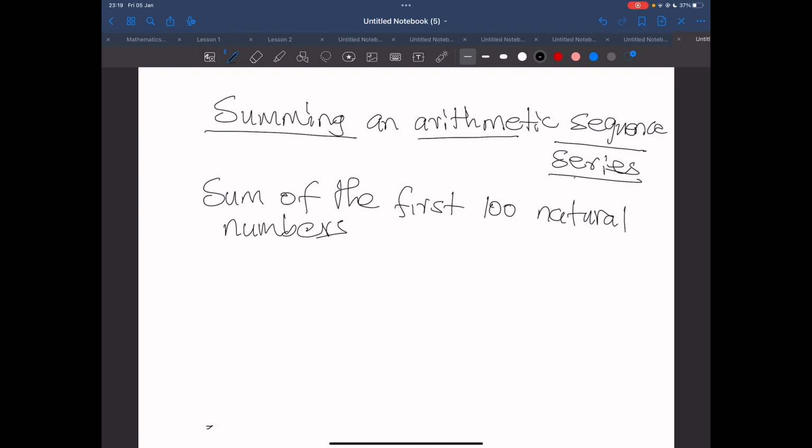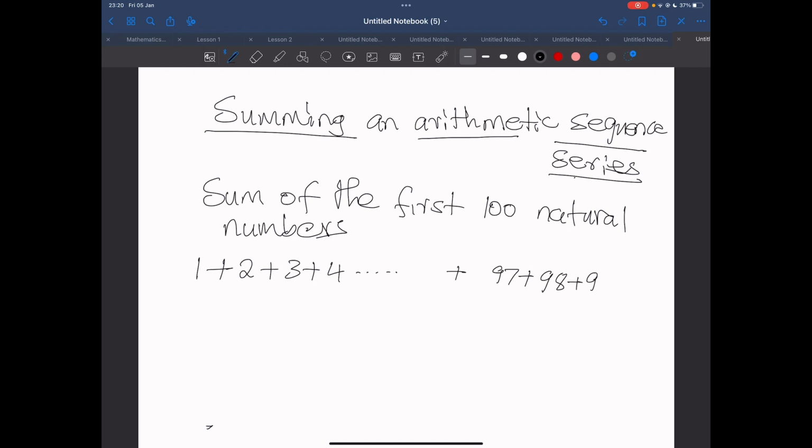The learners were busy struggling, adding them one by one. They took their calculators and added 1 plus 2 plus 3 plus 4, like that. They were supposed to add all the terms from 1 up until 100. That is the sum of the first 100 natural numbers.